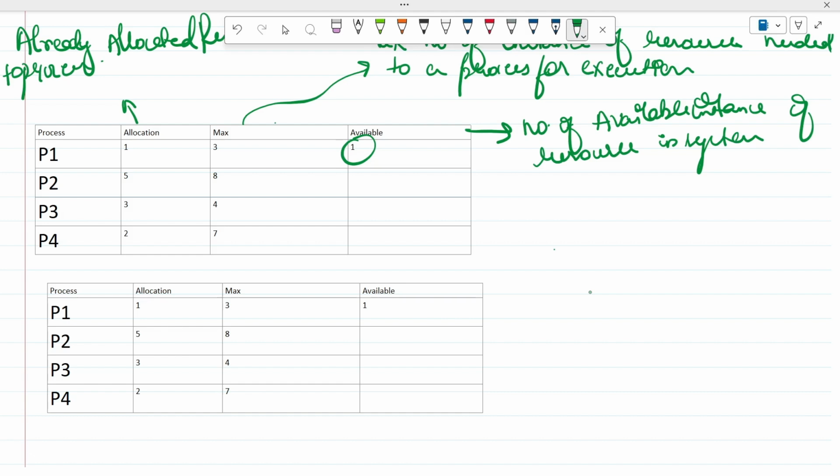And the important point is, whatever resource was allocated to that particular process is also freed.